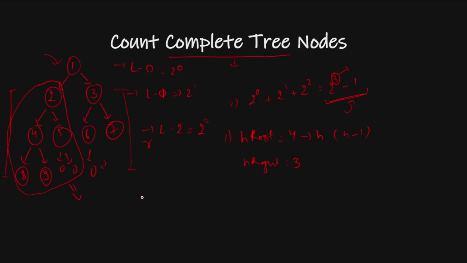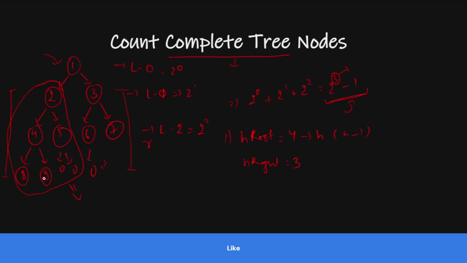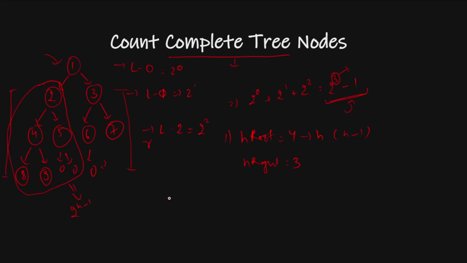So the number of nodes there will be 2 to the power h minus 1, because every node has 2 children.